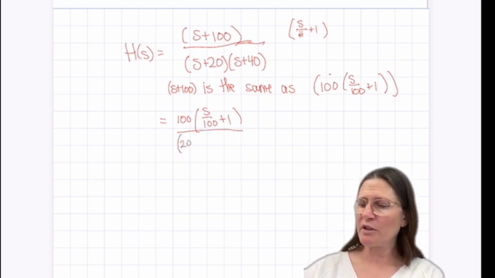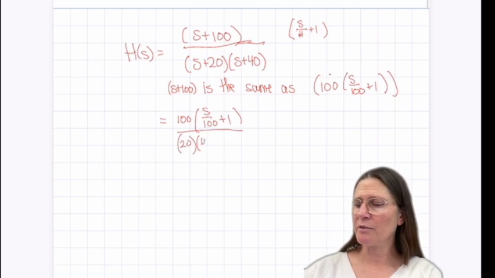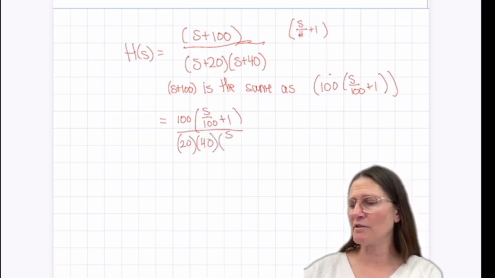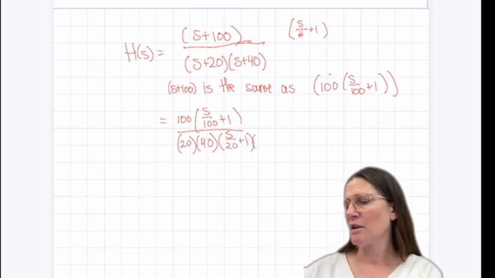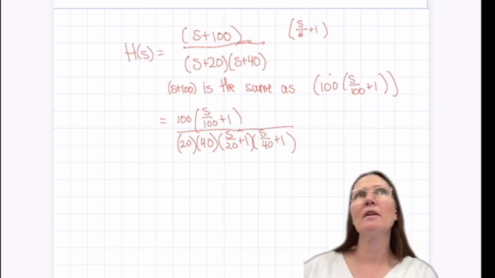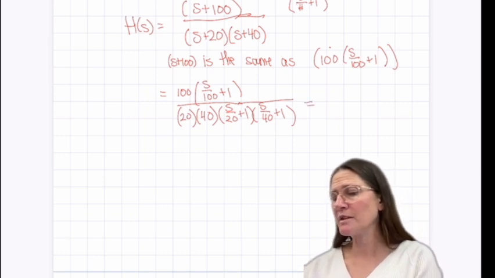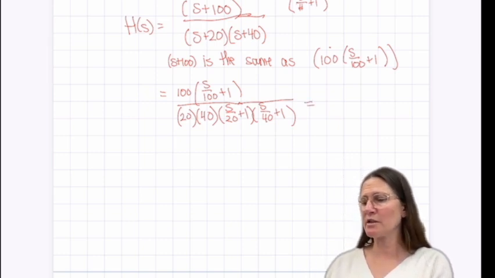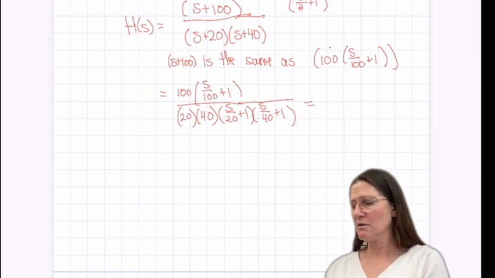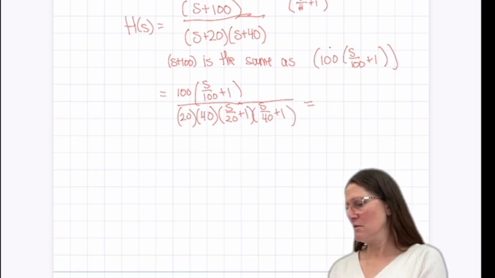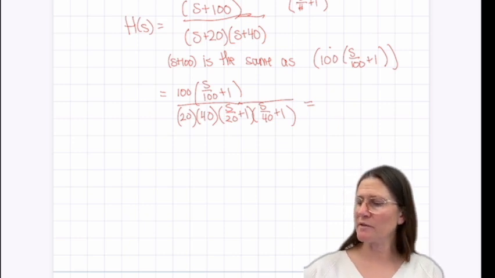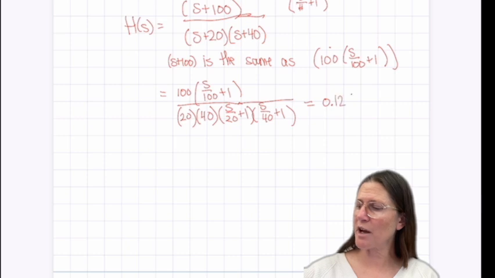This one is going to bring the 20 out and the 40 out, and then I would have S over 20 plus 1 and S over 40 plus 1. So this would be my standard form. I take 100 divided by 20 times 40, and that ends up being 0.125.